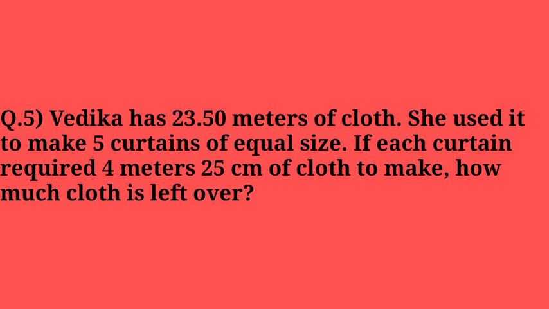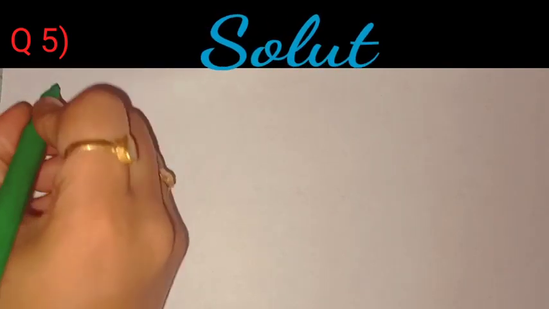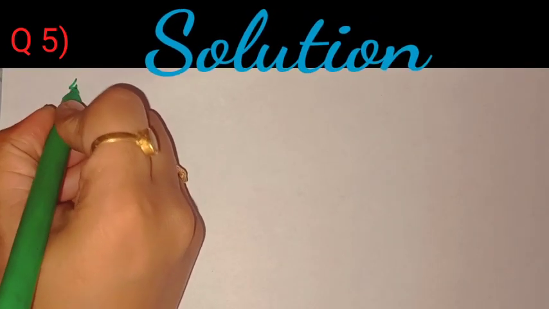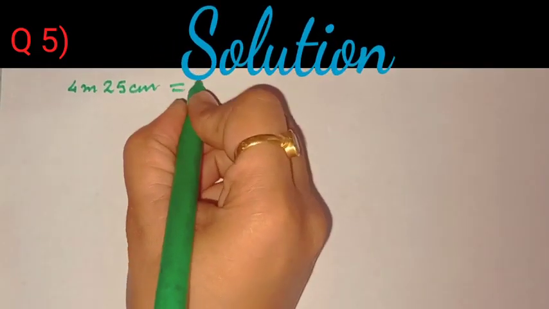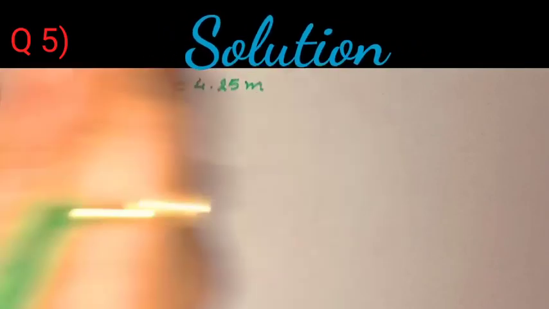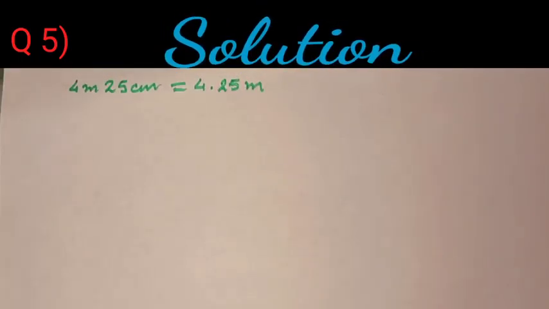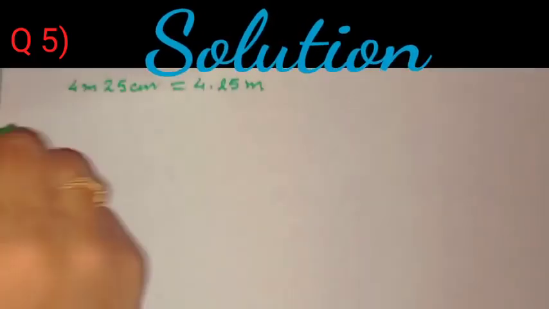Okay, 5 equal size curtains she will make. We will convert this first into the decimal point. So, children, 4 meter 25 centimeter is equal to 4.25 meter.